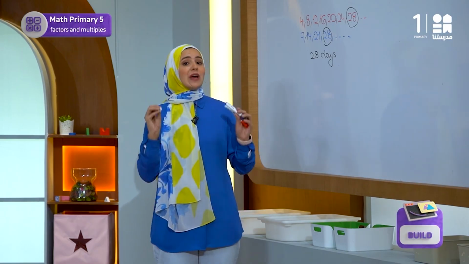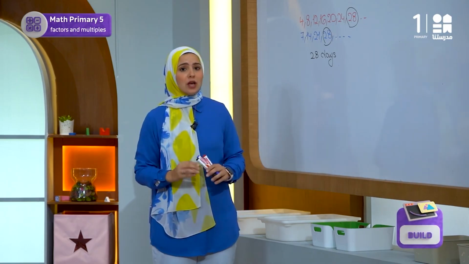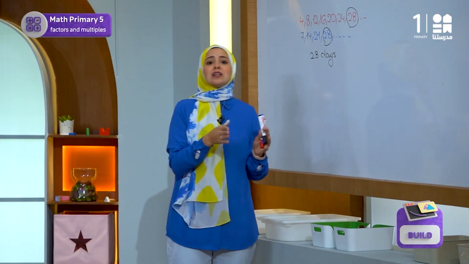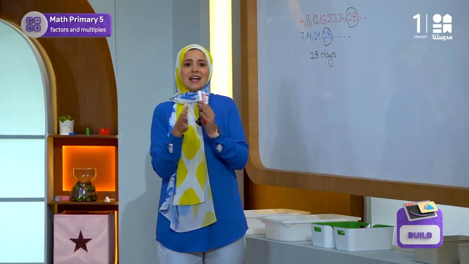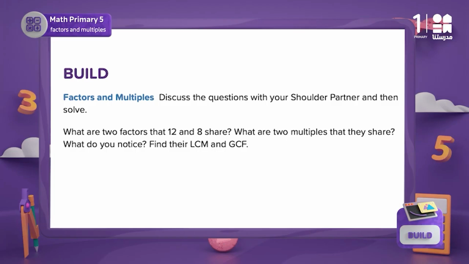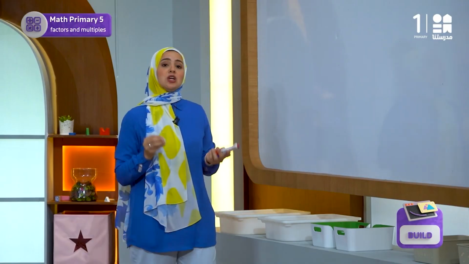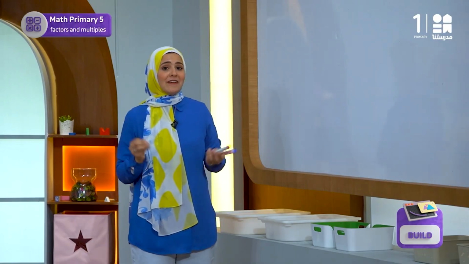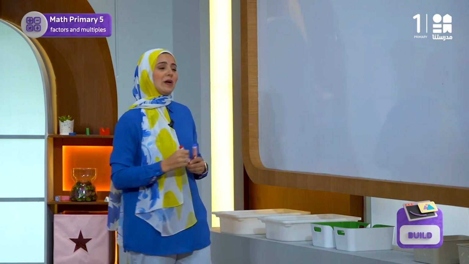But first, we are asked to find the common factors of 8 and 12. Let's check. Okay, so we want to find the common factors of 8 and 12. Let's start by writing the numbers.